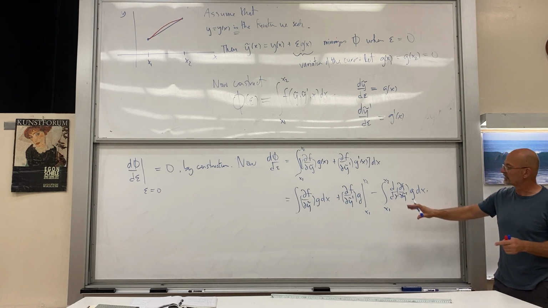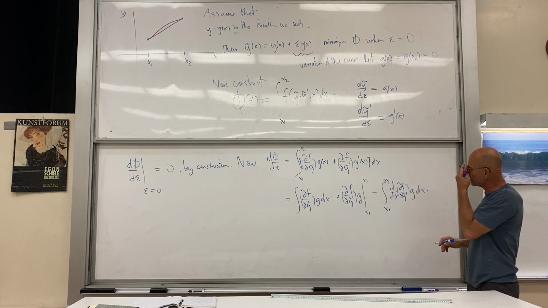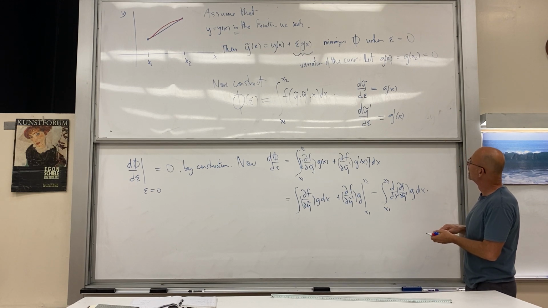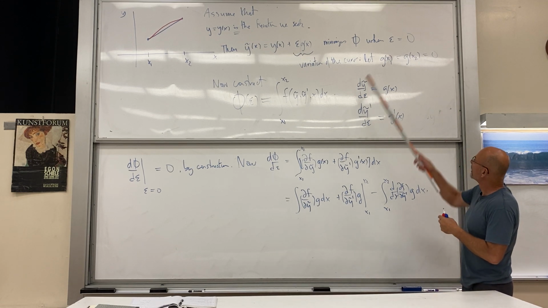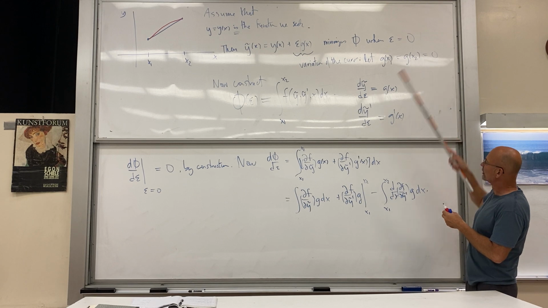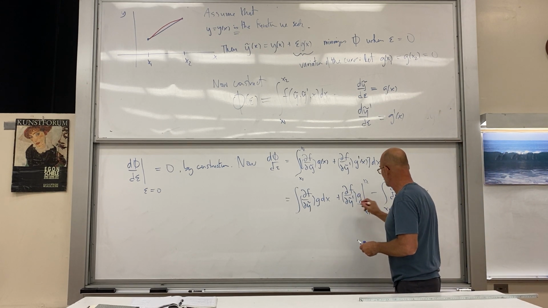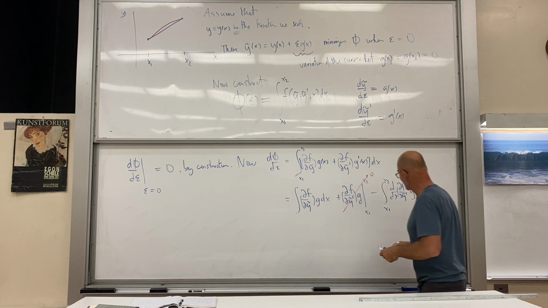Good, so make sure you note there, this was just a standard integration by parts. By the assumption right here, g of x1 equals g of x2 equals 0, this boundary term vanishes by that assumption. So that's a 0.